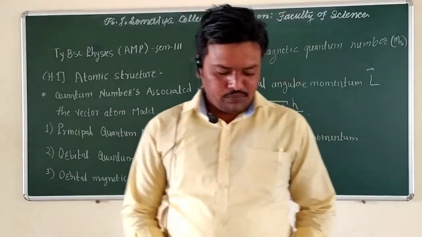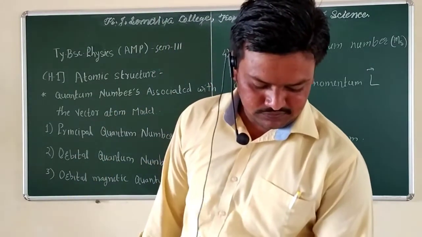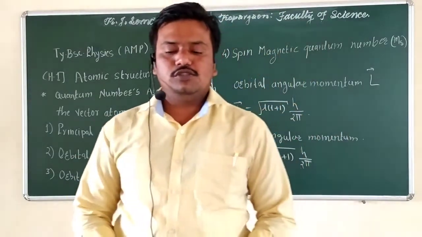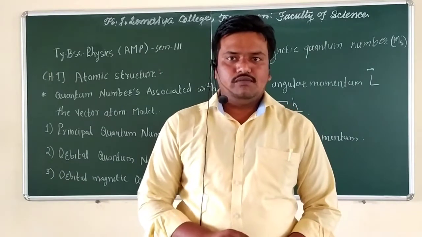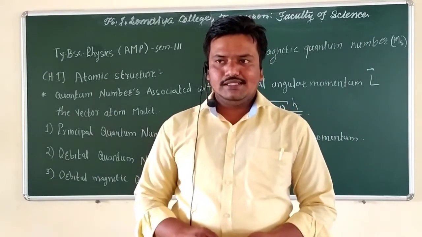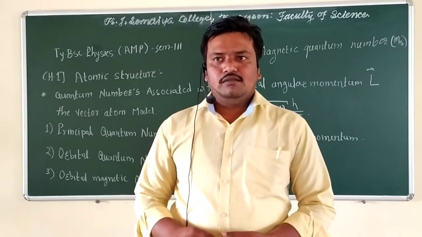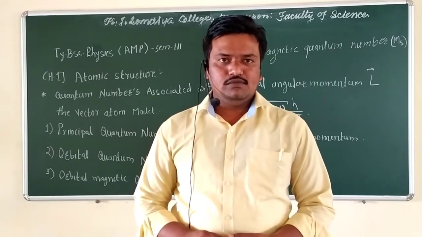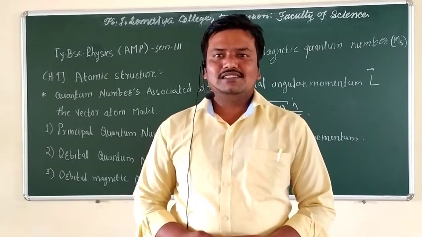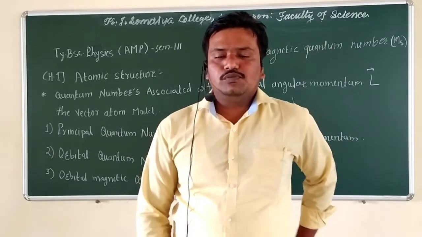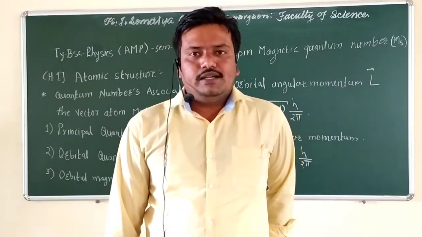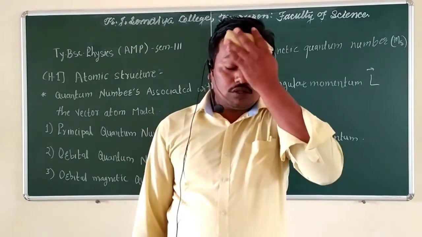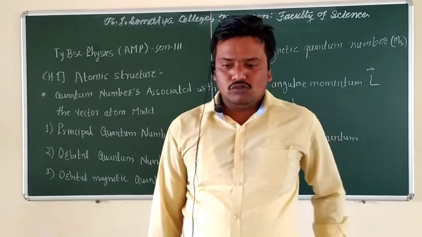For this spin angular momentum, we consider the spin magnetic quantum number ms, which is given by plus half and minus half. Plus half is considered the spin up state, and minus half is the spin down state.